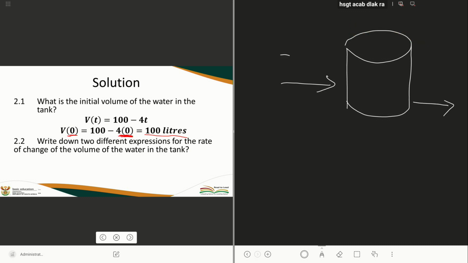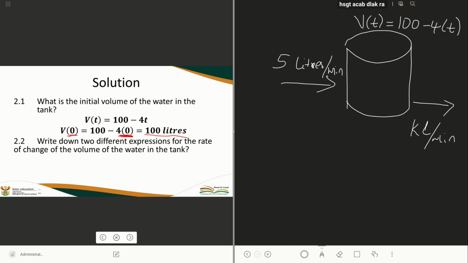We are told that there are 5 liters per minute flowing into the tank. At the same time, k liters per minute is flowing out of the tank. And we are given an expression for the volume, which is 100 - 4t.